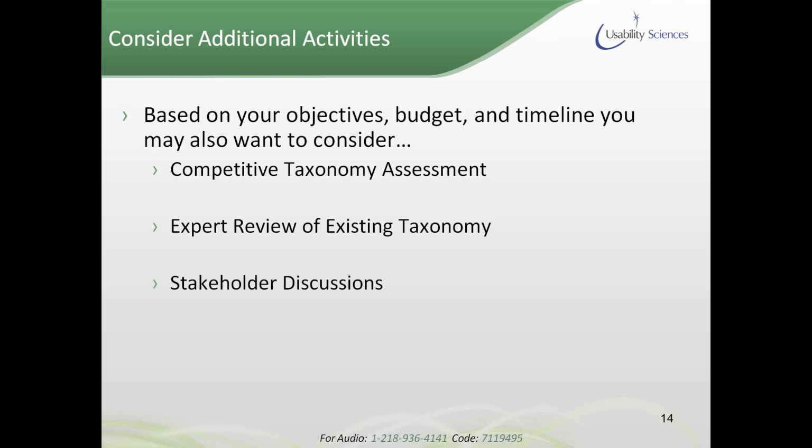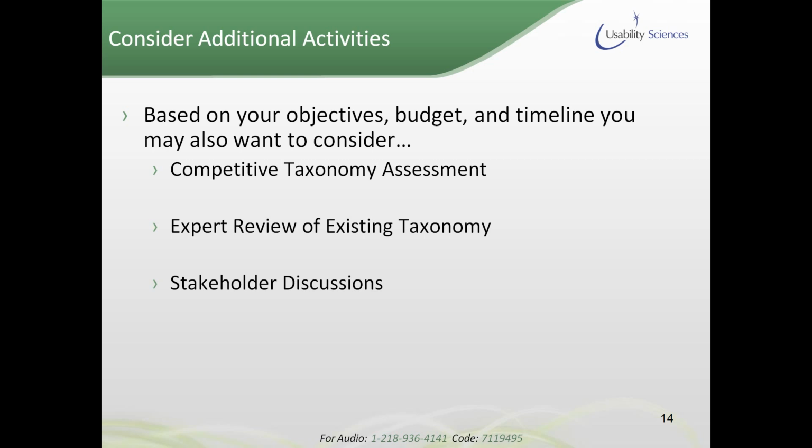And then talk with stakeholders. The way I look at this, stakeholders in this case would be folks that either affect the taxonomy in terms of their responsibility and their job role, or are impacted by changes within the taxonomy.